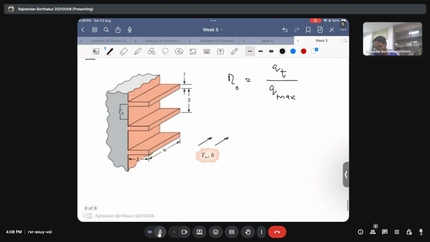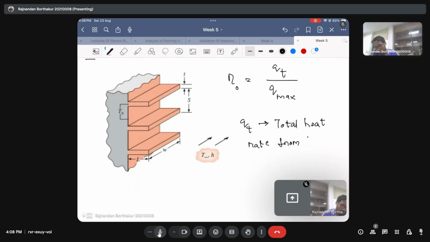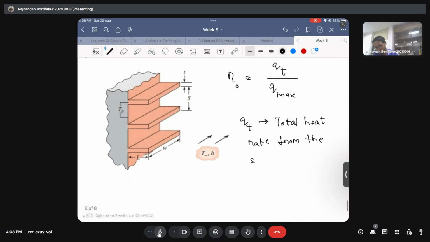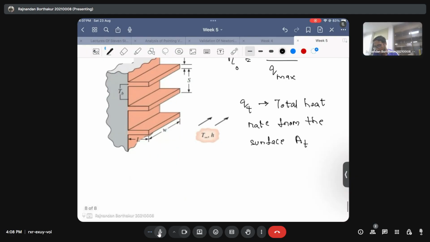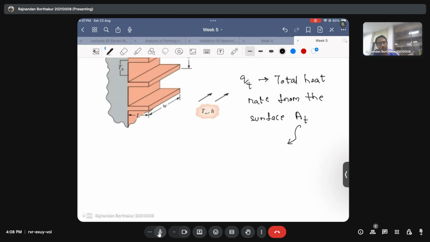Where qt denotes the total heat rate from the surface At. Now, what is At? At is the total surface, which involves the fin area plus the bare area, or you can call it the exposed area.